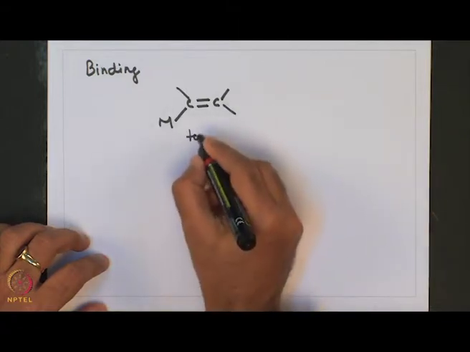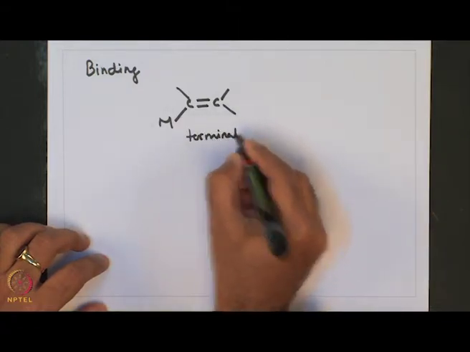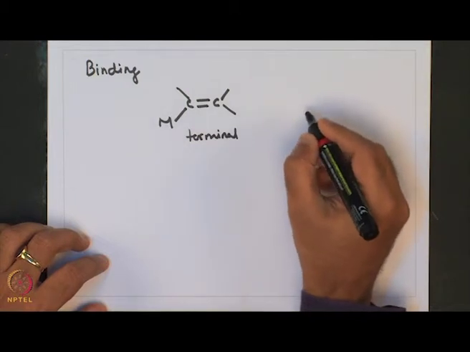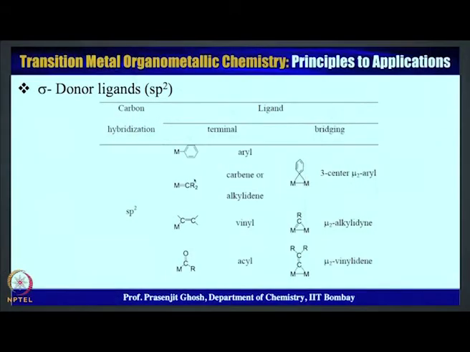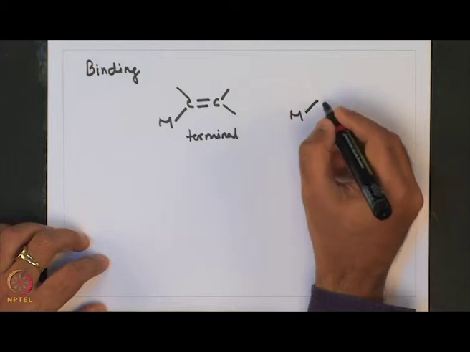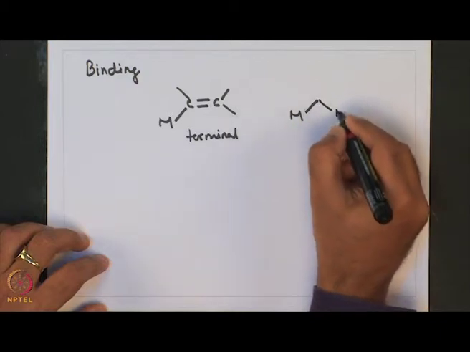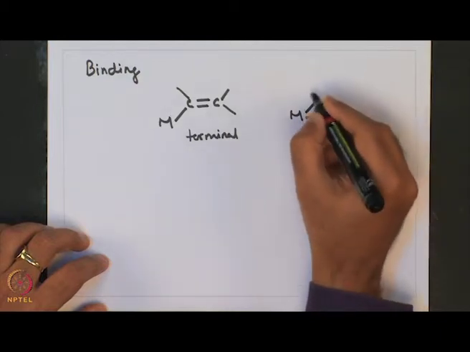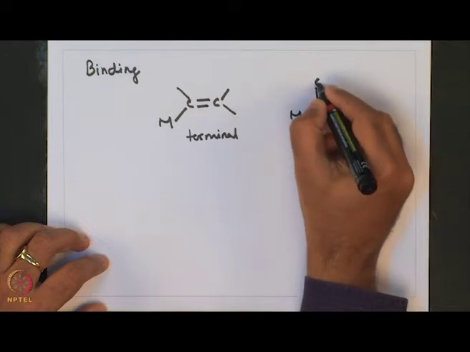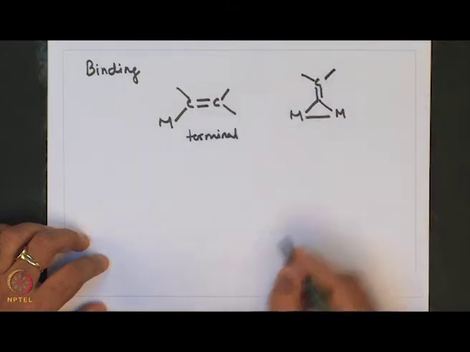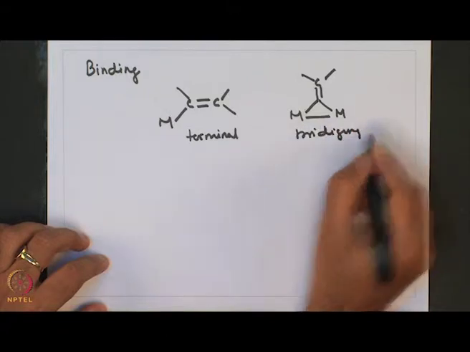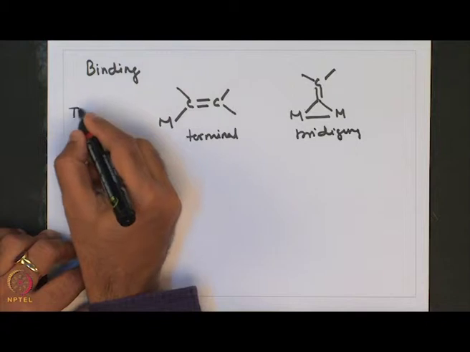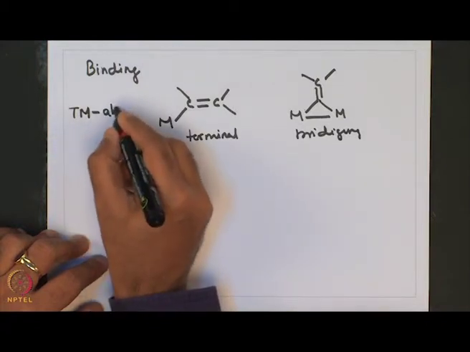This is a terminal binding, or it can be a bridging type of something of this which can be bridging. So, this is transition metal alkenyl type of moiety.